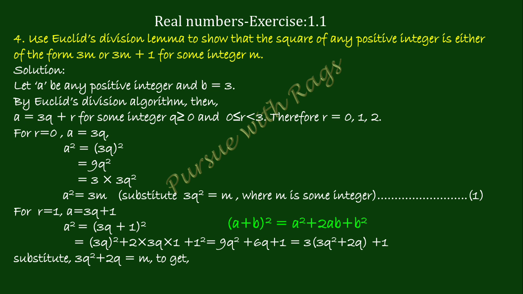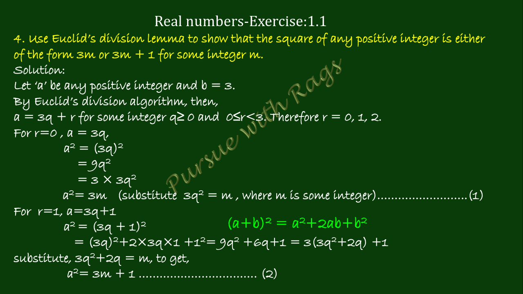Why are we substituting m for 3q square plus 2q? Because this q is also some integer, right? So we are substituting the m value for that. So the equation will become a square is equal to 3m plus 1.